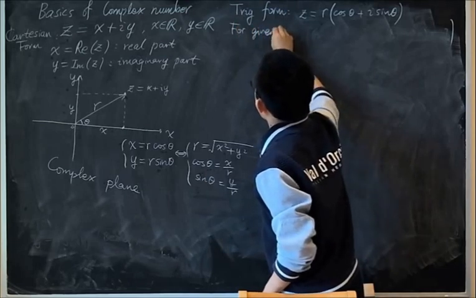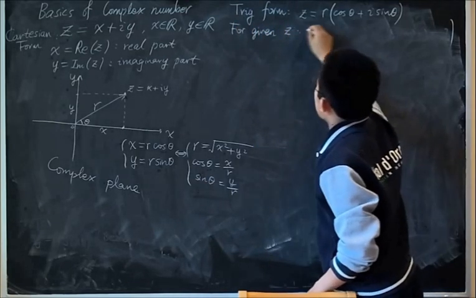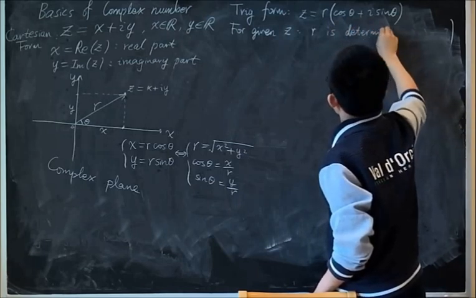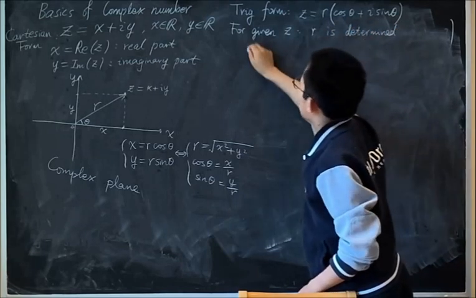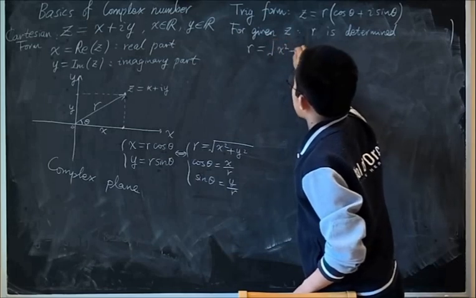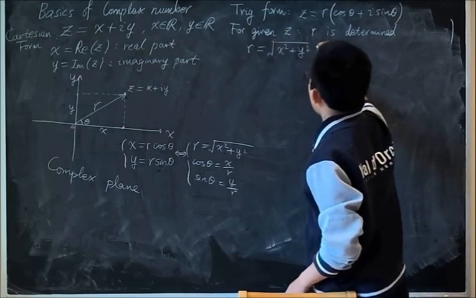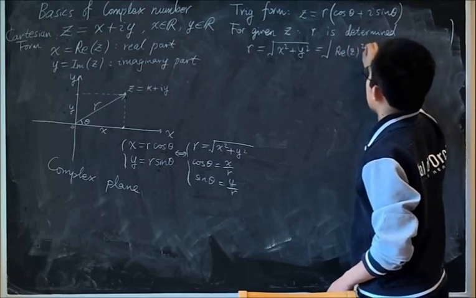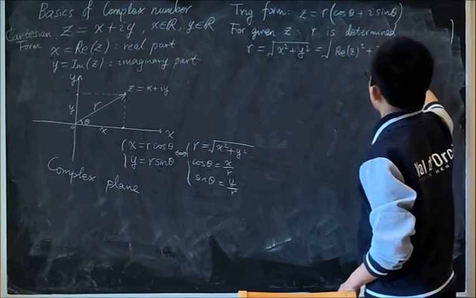So that means for a given z, this r is uniquely determined. And this r equals the square root of x squared plus y squared, or the square root of the real part squared plus the imaginary part squared.